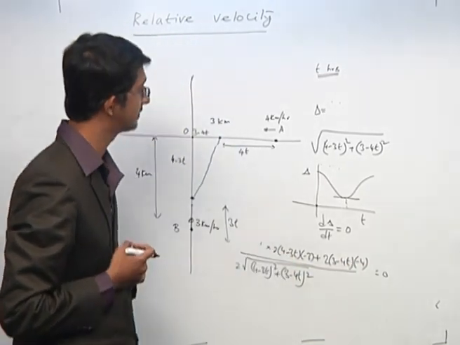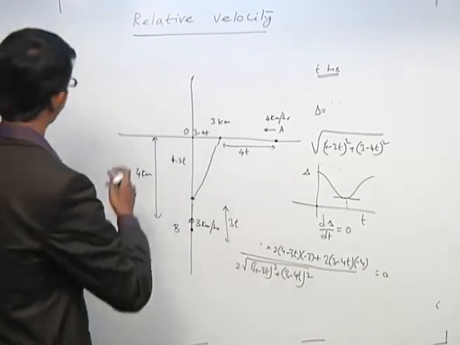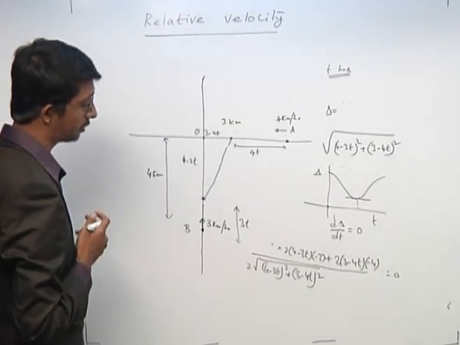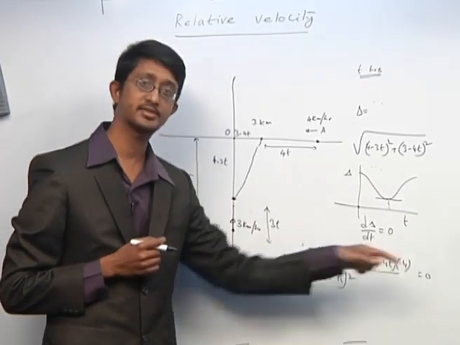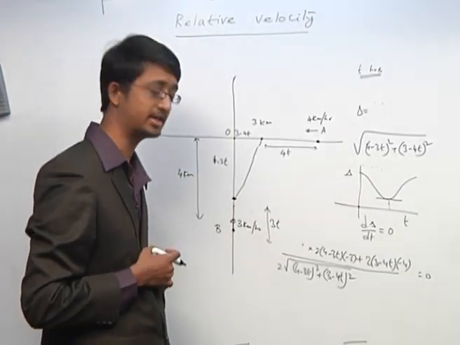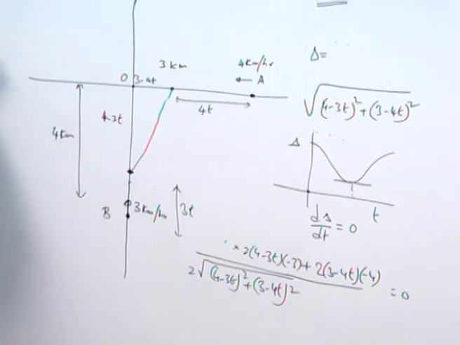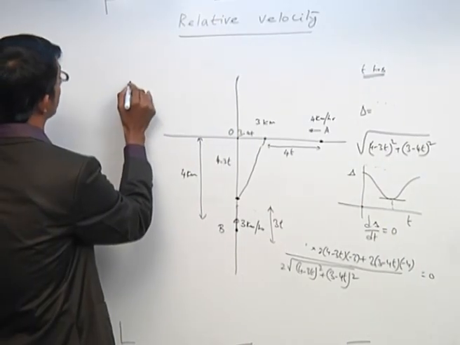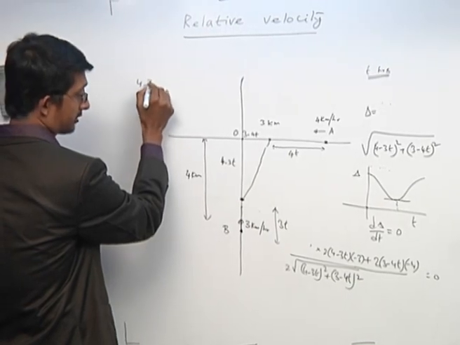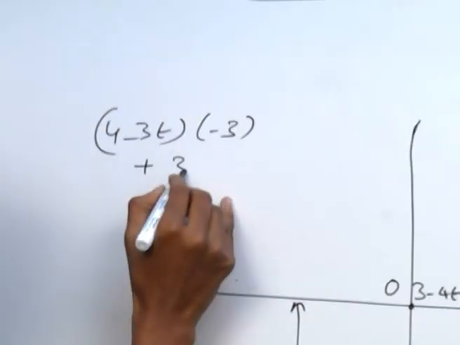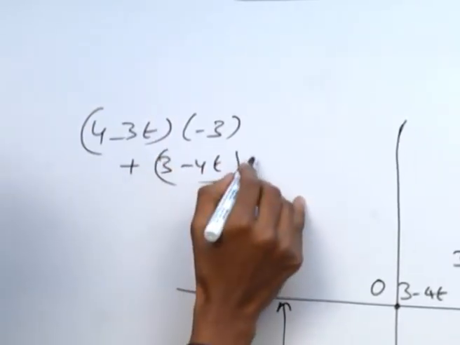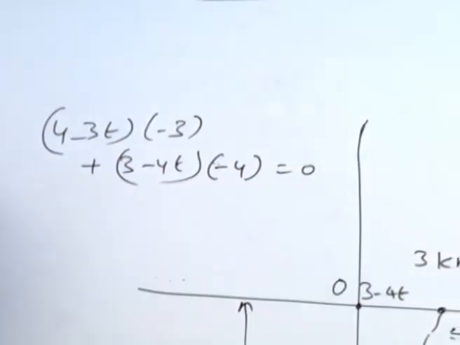And if I solve this, let me solve it here. First of all, the numerator is equal to 0, and the denominator goes to the other side. So, we just have to equate the numerator to 0, and then we get 4 minus 3t into minus 3 plus 3 minus 4t into minus 4 is 0.